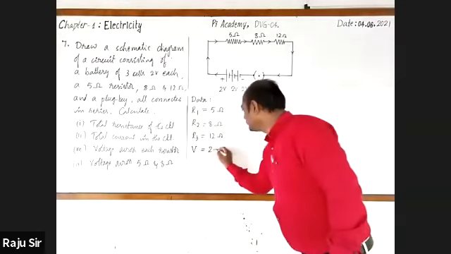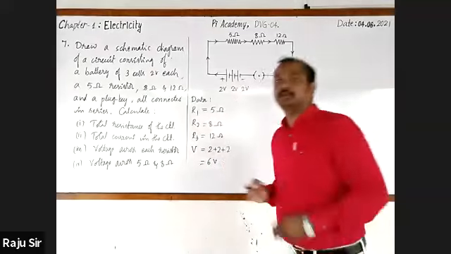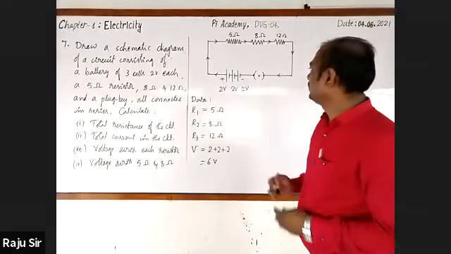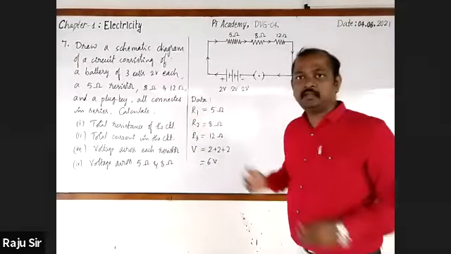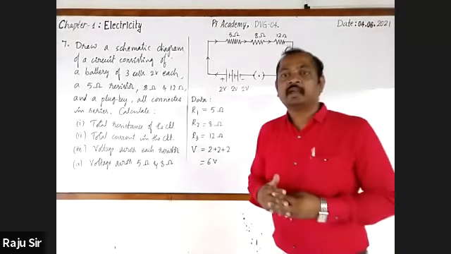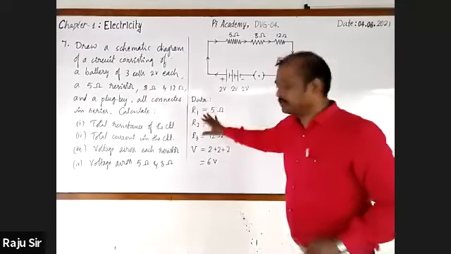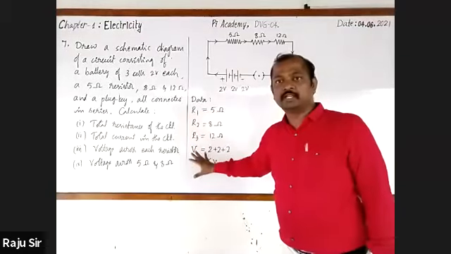It is 2 plus 2 plus 2, which is equal to 6 volt. Next, other than this, have they given anything? No, only these two: resistors are given, then voltage.